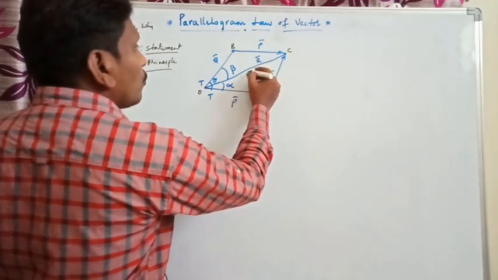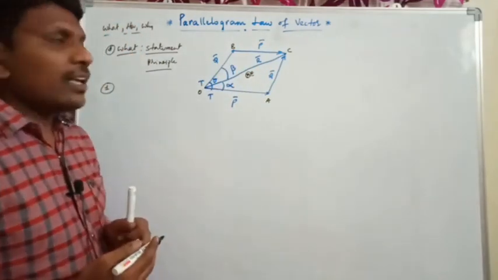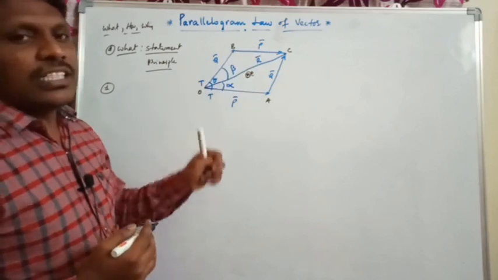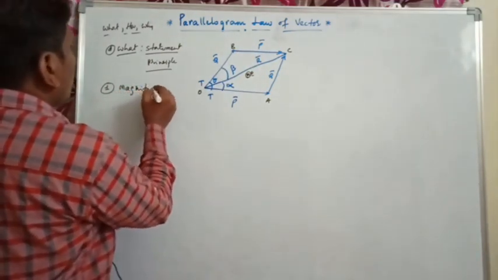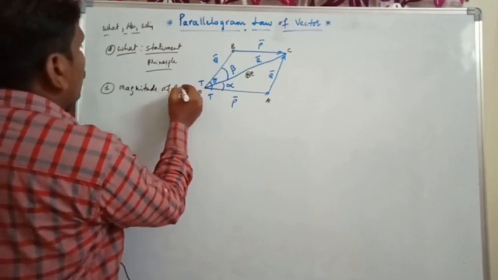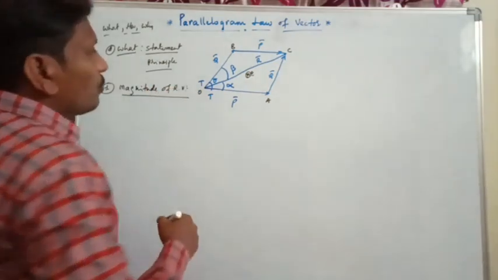Now we are going to find the expression for the magnitude of the resultant vector.